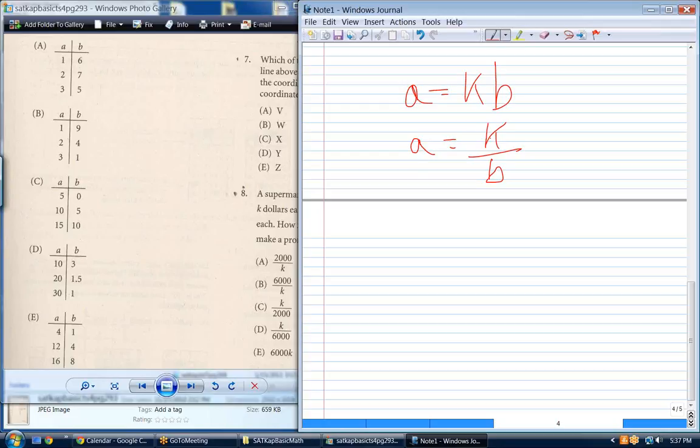Before we go any further, let's just figure out which might be candidates for this. In other words, we might get the answer without doing hardly any math here. Is A a possible answer?